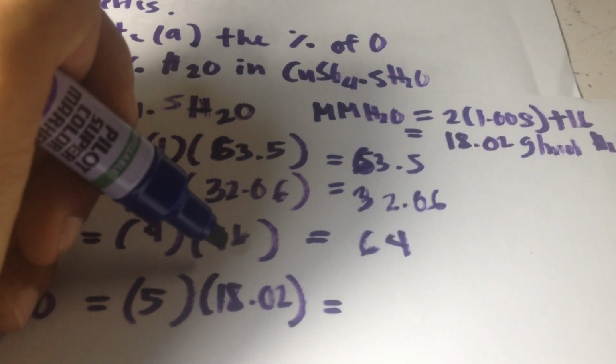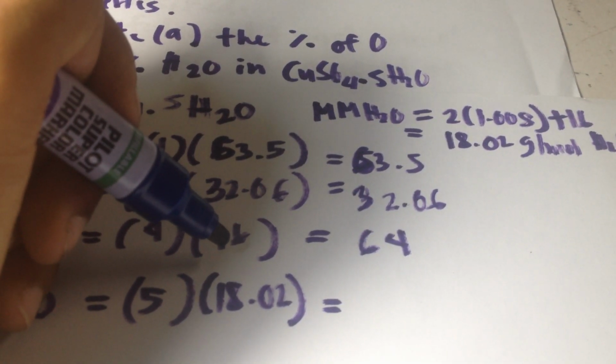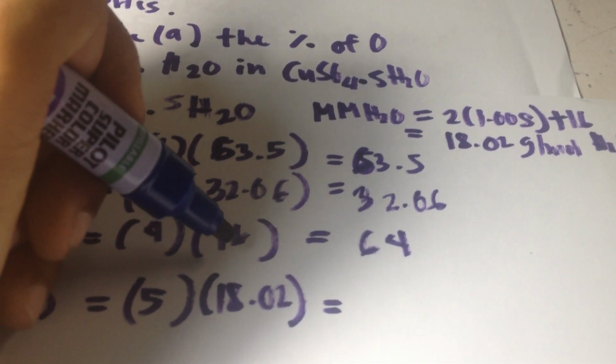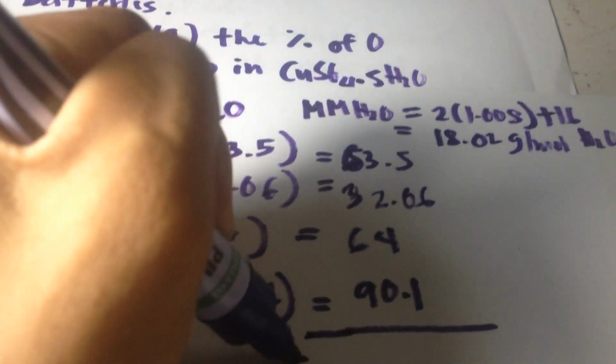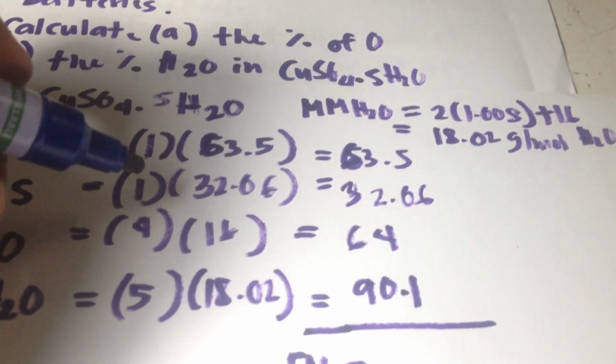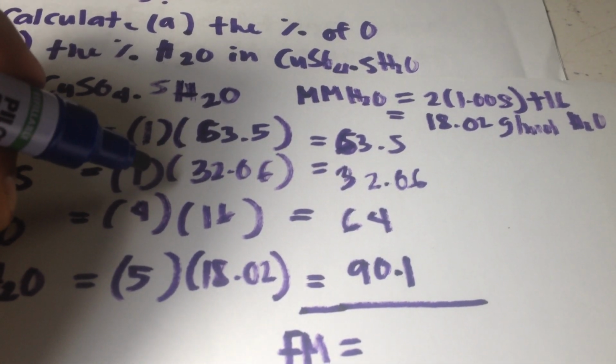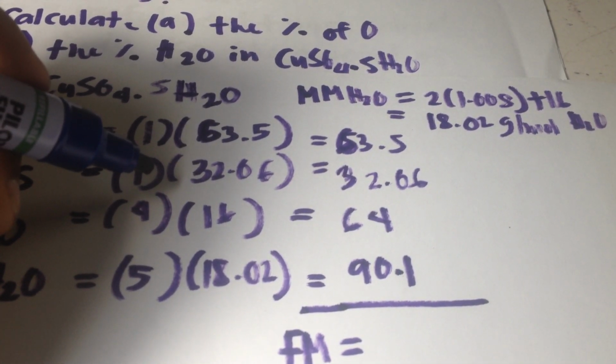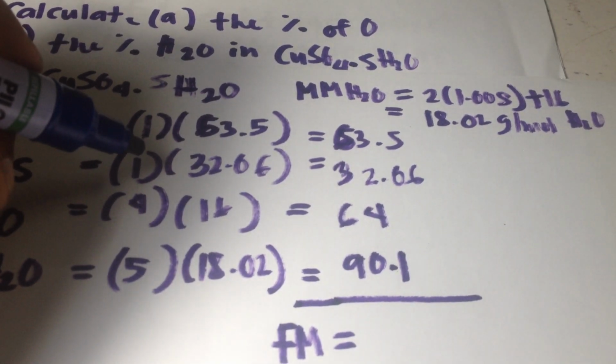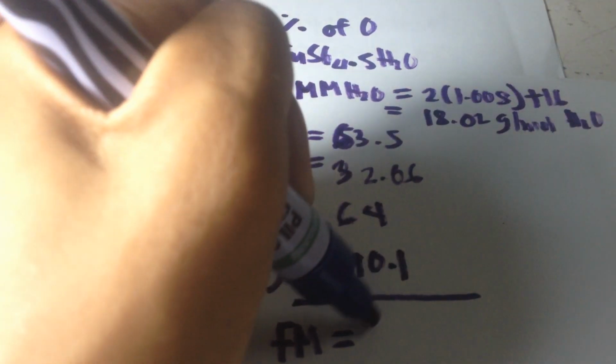Then 5 times 18.02 equals 90.1. So you need to find the sum: 63.5 plus 32.06 plus 64 plus 90.1 is equal to 249.66 grams per mole of copper sulfate pentahydrate.